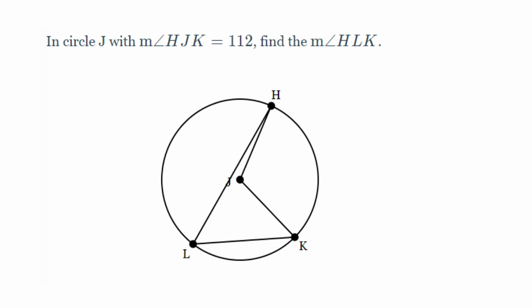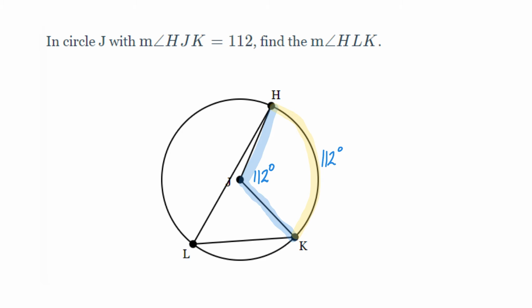So let's take a look at a few that require a little bit of processing. Here we can see that we're only given angle H to J to K. So this is a central angle with an angle measurement of 120 degrees, which means the arc measurement created by the secant lines is also 120 degrees.